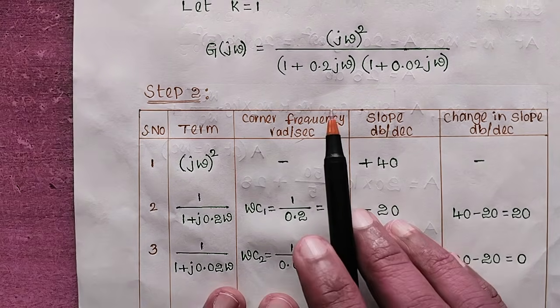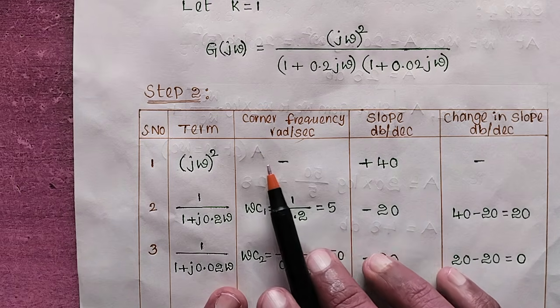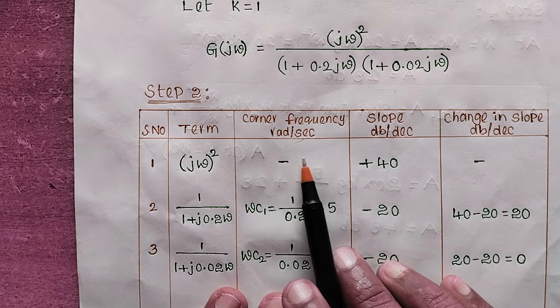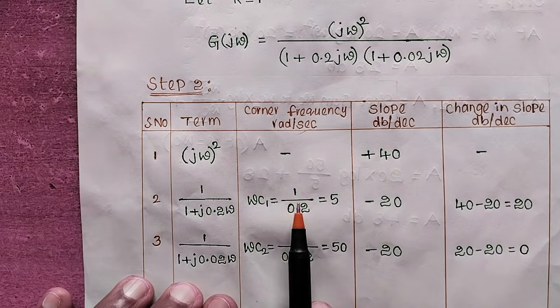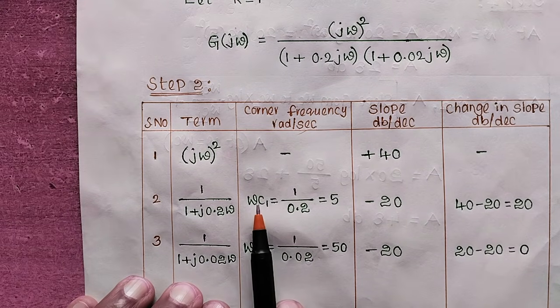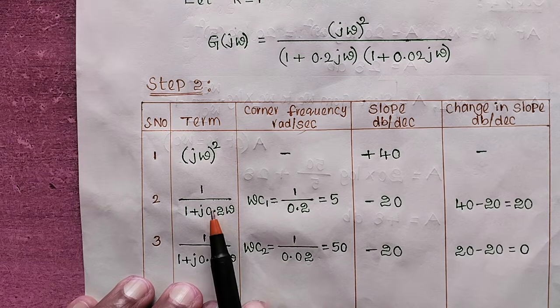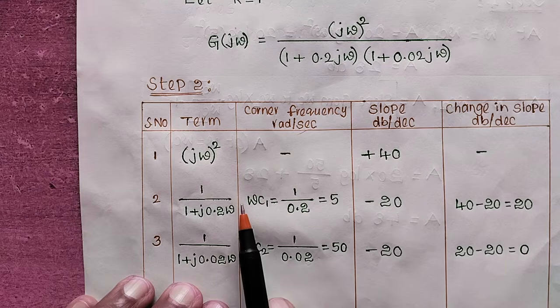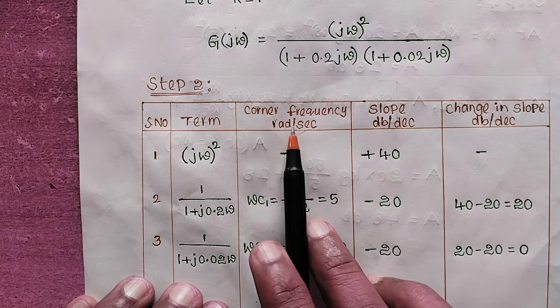Next column is corner frequency, in radians per second. For the first term there is no corner frequency, so keep a dash. For the second term, the first corner frequency omega c1 equals 1 by T1, where T1 is 0.2. So omega c1 equals 1 by 0.2, which is 5 radians per second.